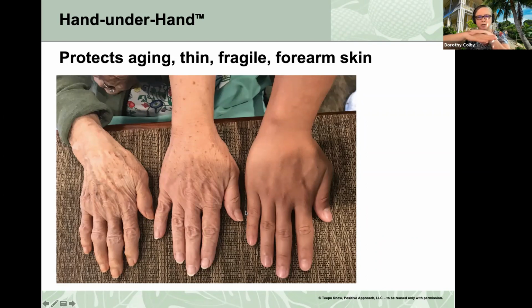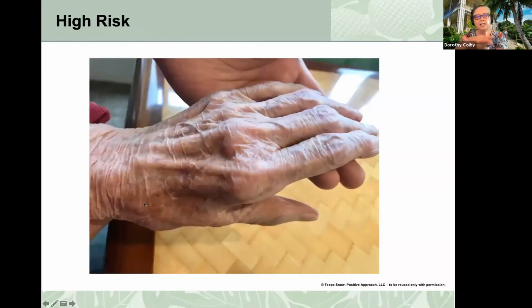We start to lose our subcutaneous fat. Our skin is thin and fragile. This is the hand of a resident who's getting close to the end of her life. You can see how thin, of course there's weight loss, but you can see how papery the skin is. With the slightest friction the skin tears, bruising, and it's not from abuse.